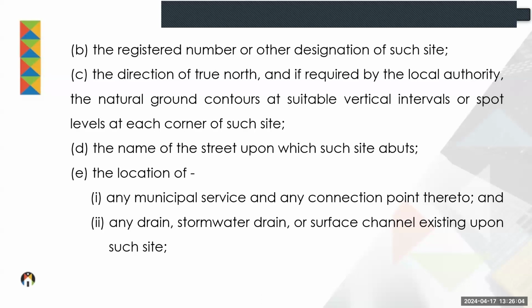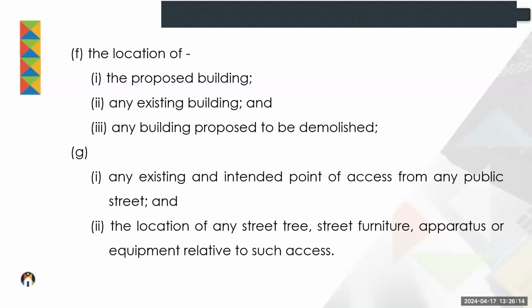The name of the street upon which the site abuts, the location of municipal service and any connection point thereto, any drain, stormwater drain or surface channel existing upon such a site, the location of the proposed building, the existing building, if there is any existing building, and any building that needs to be demolished, the existing and intended point of access from any public street.